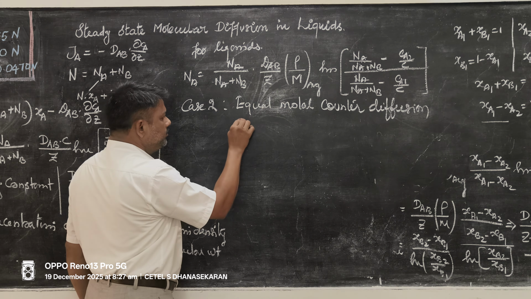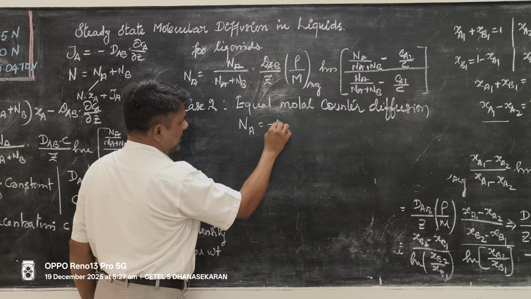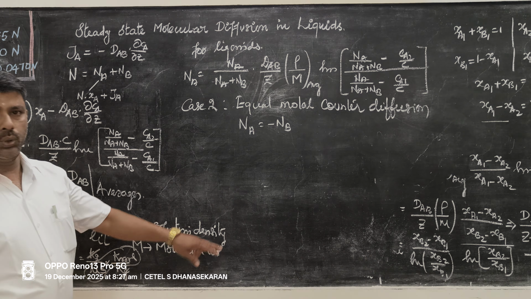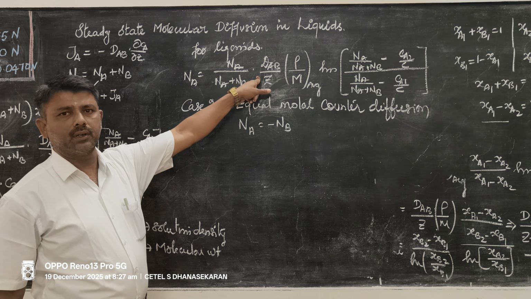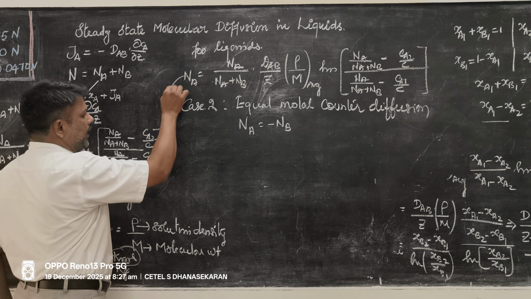In this case, Na is equal to minus of Nb. While substituting this relationship, the equation becomes indeterminate.